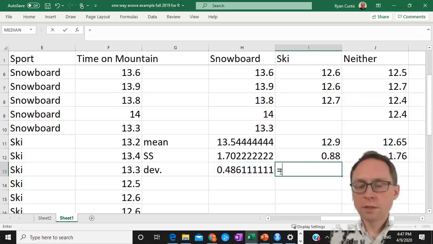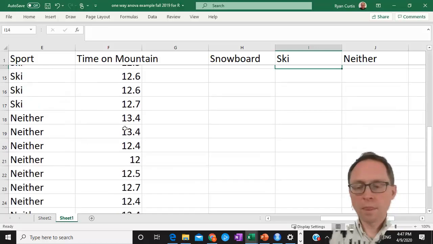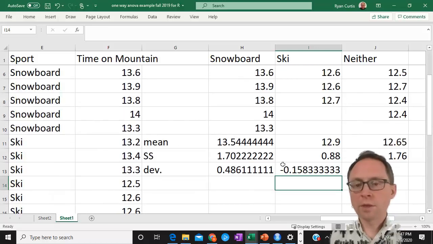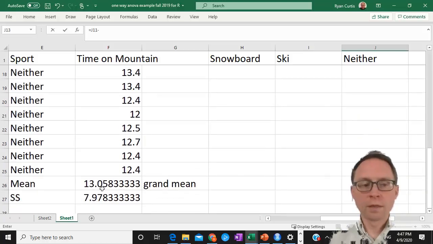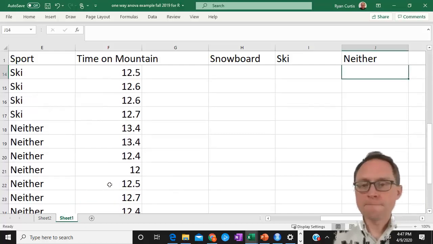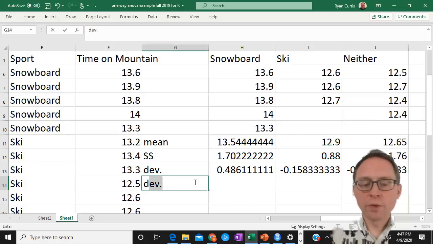The deviation is this minus the grand mean. And over here, the same thing equals this minus the grand mean, which is right there. Okie doke. Got it.